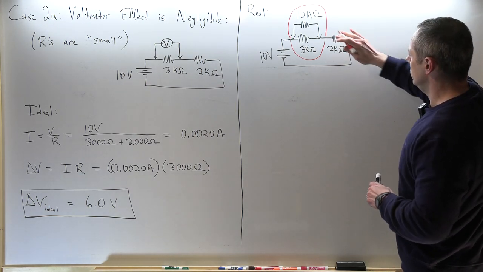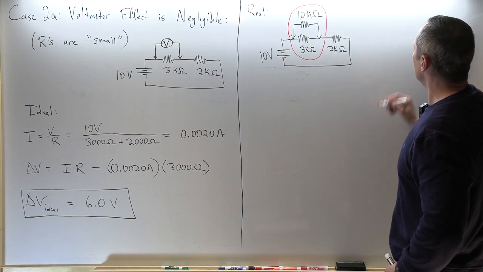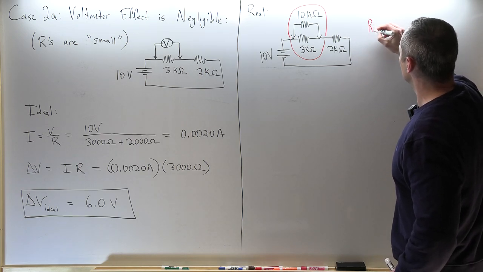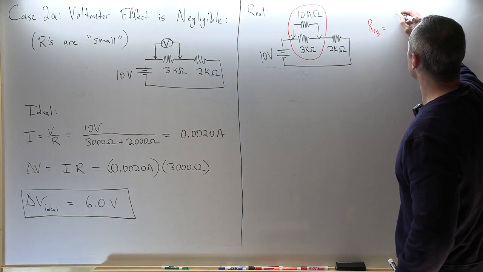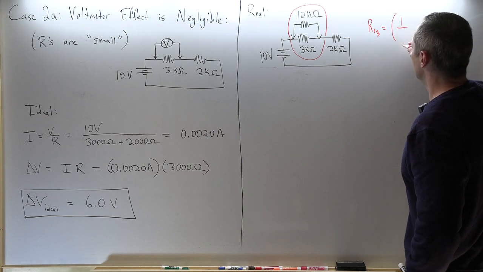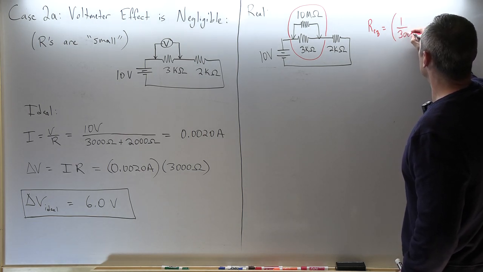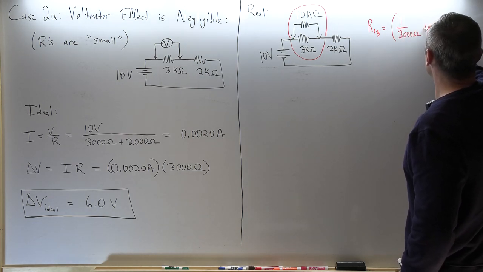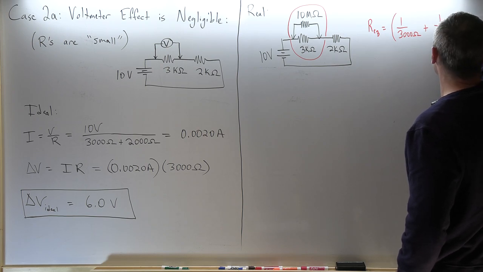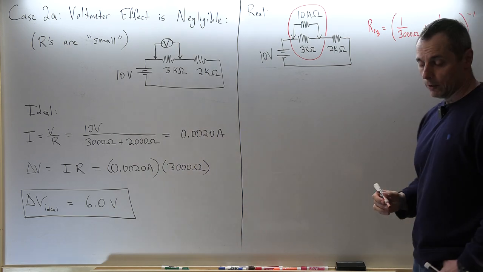So the first step is we realize these are in parallel, so we can find the equivalent resistance of those two by using the reciprocal rule. 1 over 3,000 ohms plus 1 over 10 times 10 to the 6th ohms, to the -1 power.